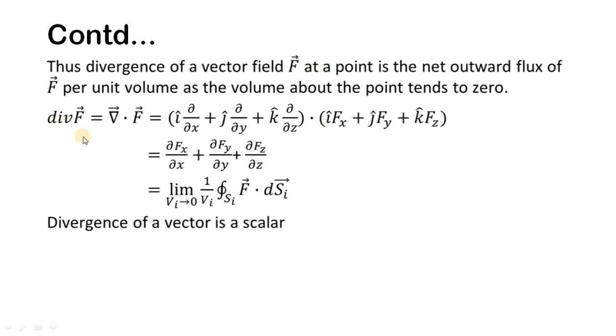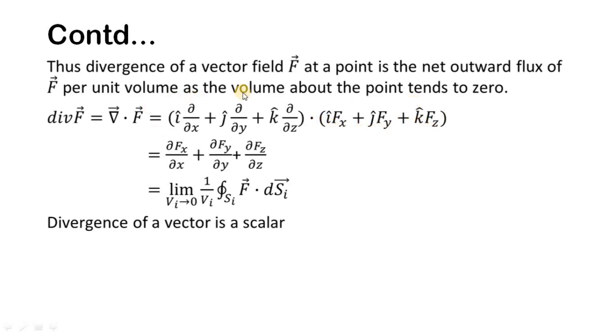Mathematically, divergence of F is equal to grad dot vector F, that is the dot product of the grad operator or del operator with the vector F. The del operator is nothing but i cap dou by dou x plus j cap dou by dou y plus k cap dou by dou z in 3-dimensional space, dotted with the vector F, which in 3-dimensional space can be represented as i cap Fx plus j cap Fy plus k cap Fz.